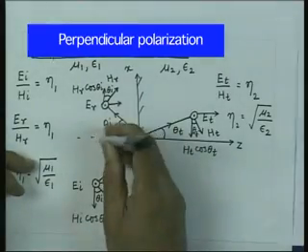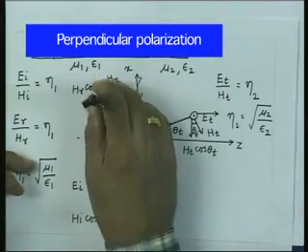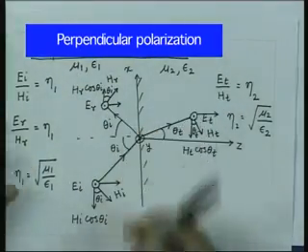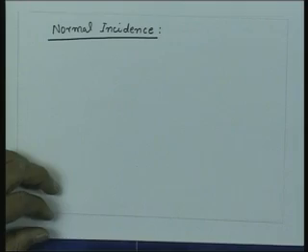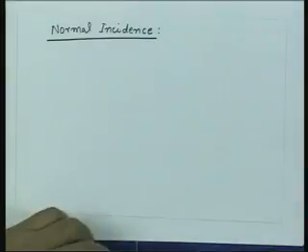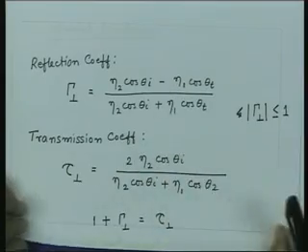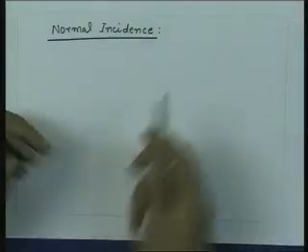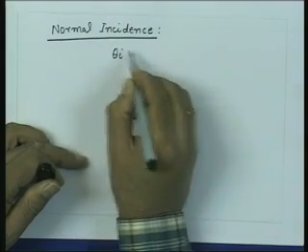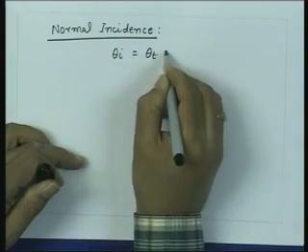So I can take either perpendicular polarization or parallel polarization, and I must get the same result. Let us take the expression which we got for the perpendicular polarization, and substitute theta I equal to 0, so theta t also will be 0. So for normal incidence we have theta I equal to theta t equal to 0.